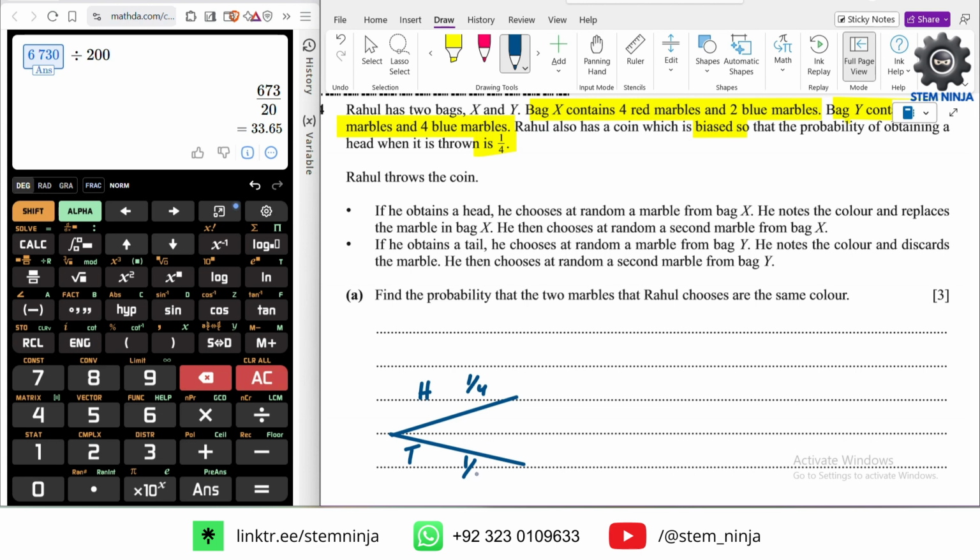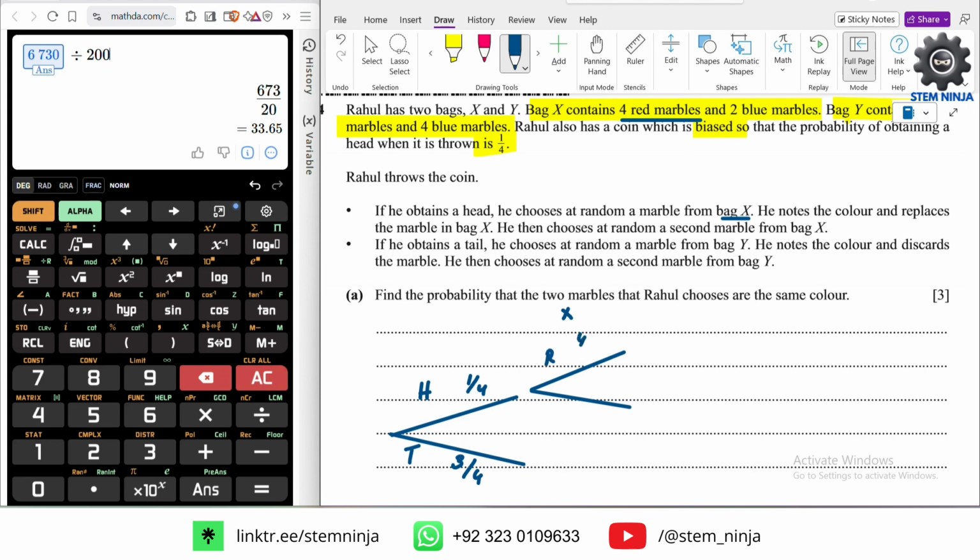This would be 3/4 for a tail. If he chooses a head, he chooses a random marble from bag X, which has four red marbles and two blue marbles.